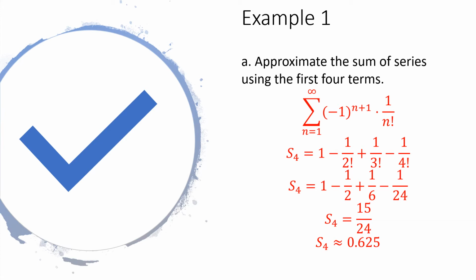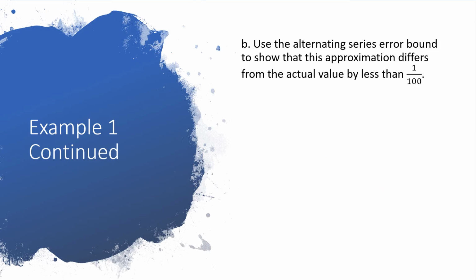All right, so in the next example, we're going to figure out how close it is. Part B says use the alternating series error bound to show that this approximation differs from the actual value by less than 1 over 100. Remember, error is simply your remainder. It's the difference of the true value minus the approximated value. Our true value we'll call S. The approximation that we used in part A was S sub 4.